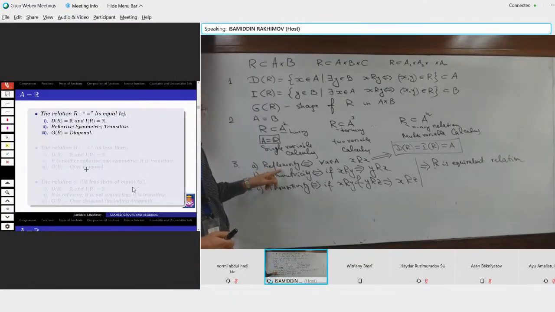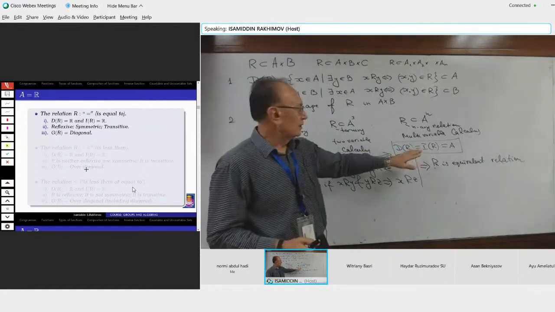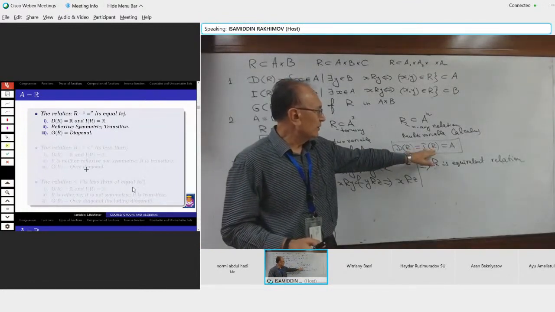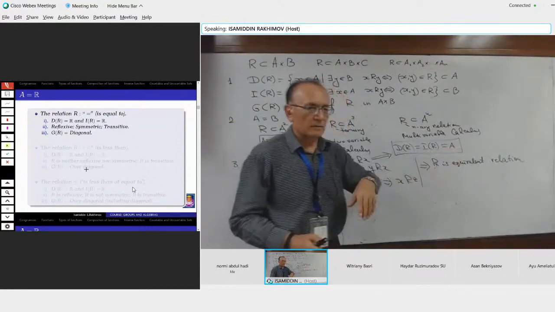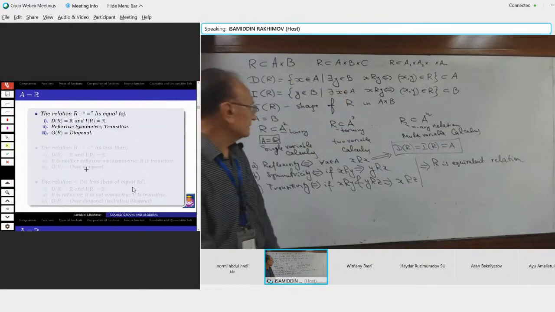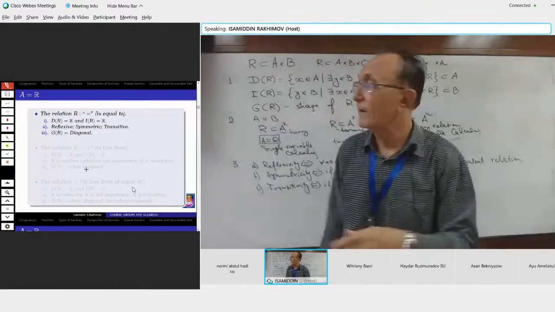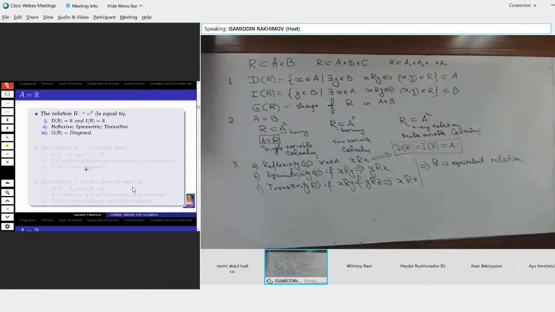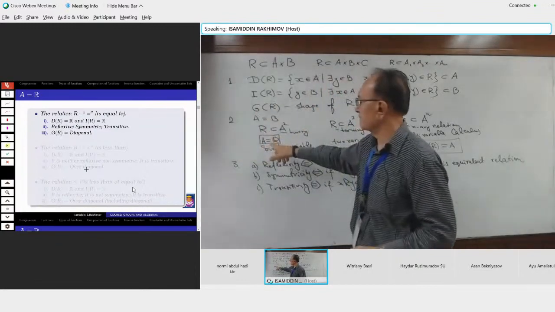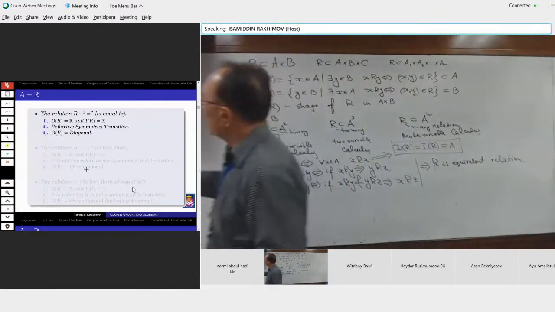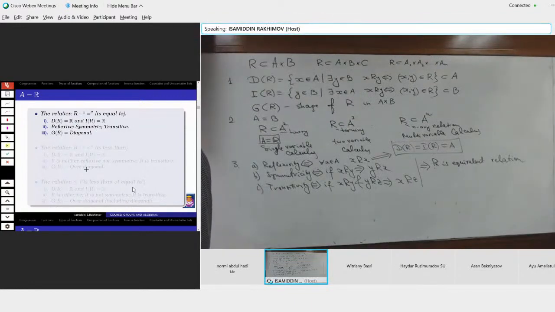Since it is reflexive, according to this property, the domain and the range of that is A itself. No choice. So the domain is given as R in that slide. You can see the range also is R. I'm just limiting myself to the case A is R. The properties are easy to check: reflexivity, symmetricity, and transitivity.